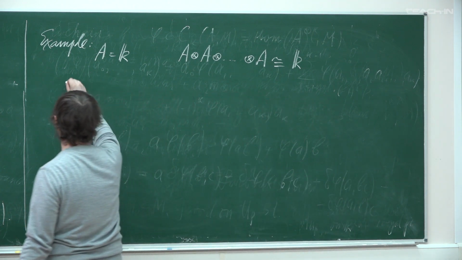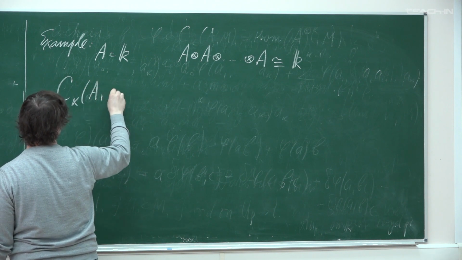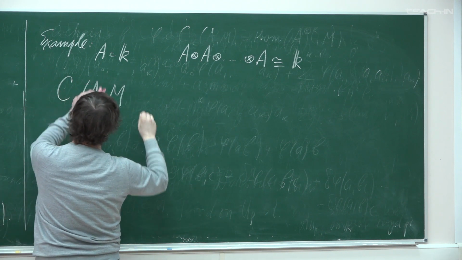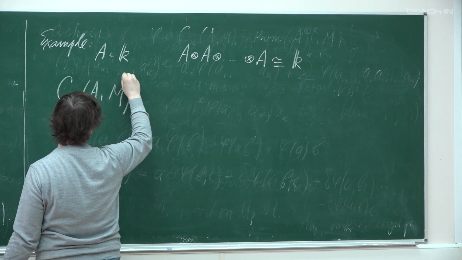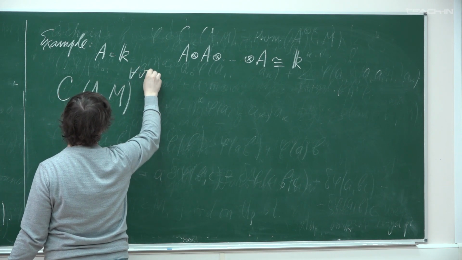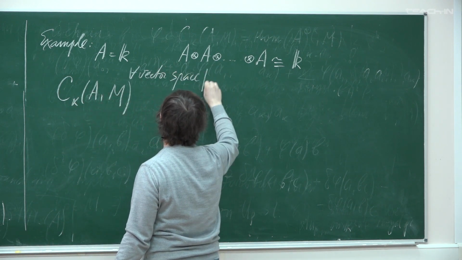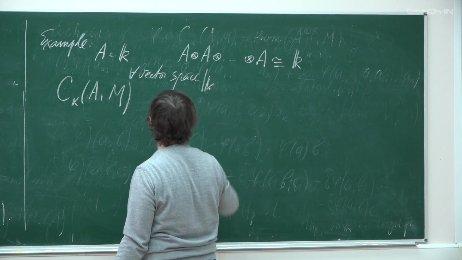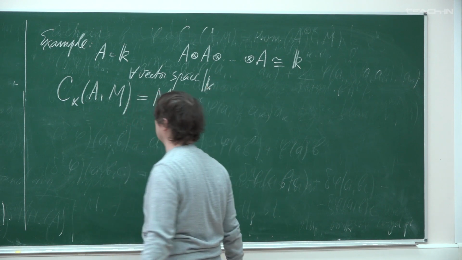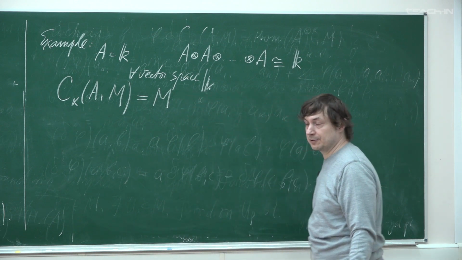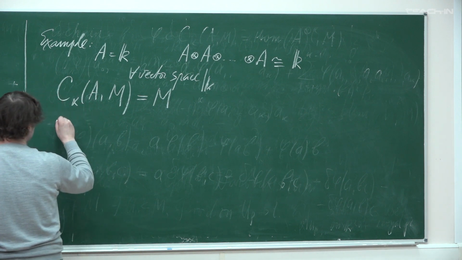So it means that the complex C dot K, A comma M, in this case M is any vector space over K, will be equal to M in all dimensions. Now the question is to describe the differential.